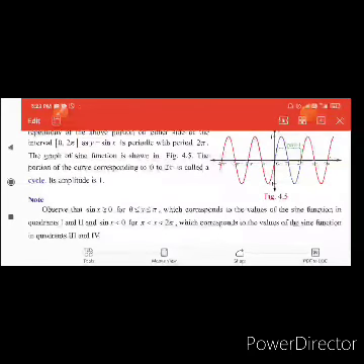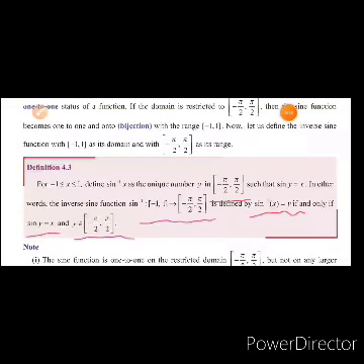Definition 4.3. For minus 1 less than or equal to x less than or equal to 1, define sin inverse x as the unique number y in closed bracket minus pi by 2 comma pi by 2 such that sin y is equal to x.